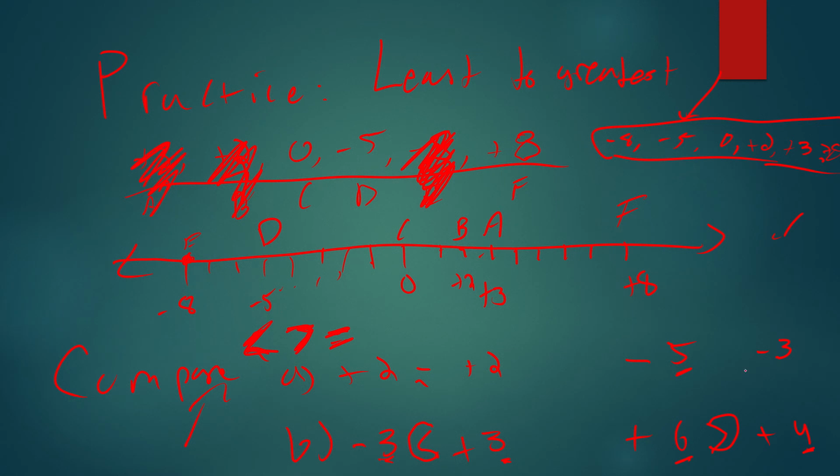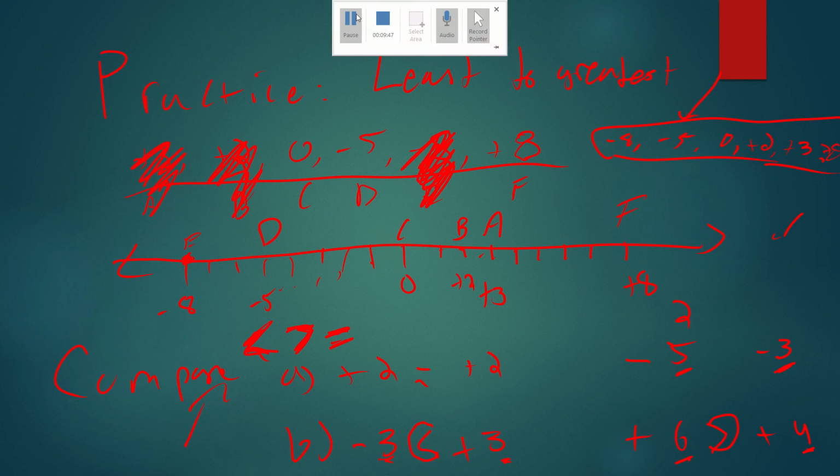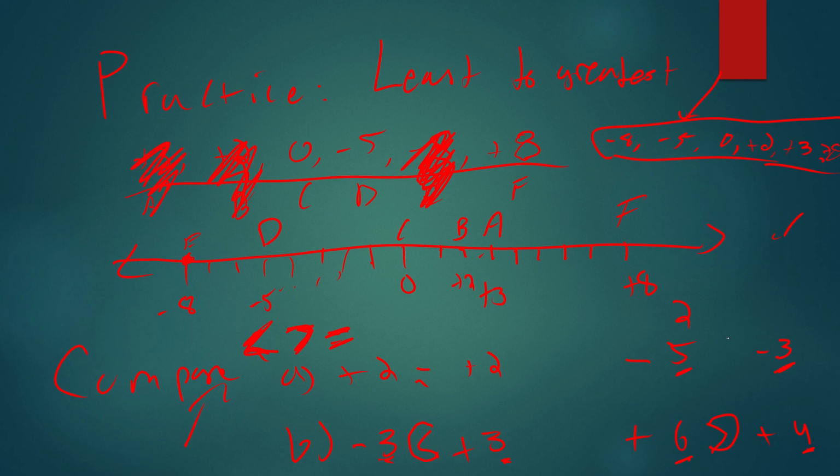So here, we have negative 3 and negative 5. What I'm basically saying is that the closer it is to 0, the larger the number in the case of two negatives. So here, negative 3 is larger than negative 5.